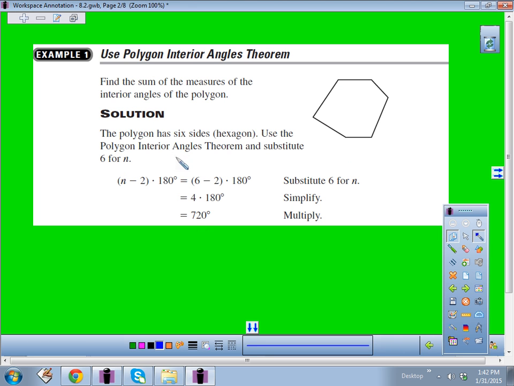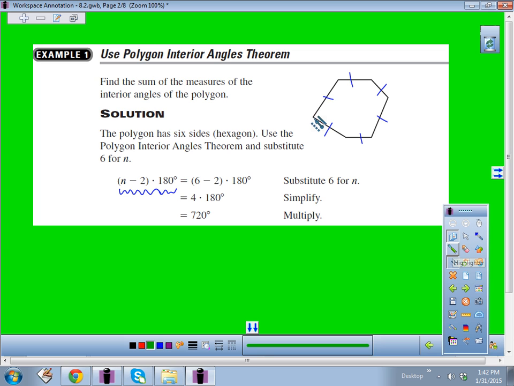So example 1 says we want to use the polygon interior angles theorem. We want to find the sum of the measures of the interior angles of the polygon. So we know this polygon has 6 sides, 1, 2, 3, 4, 5, 6. And so the formula says that we're going to do n minus 2, the number of sides minus 2, times 180.